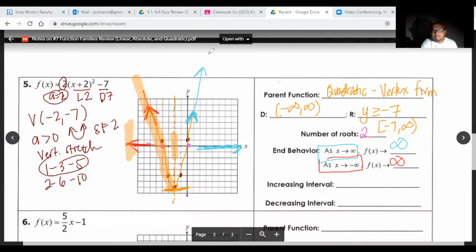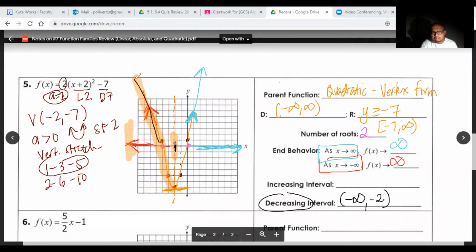So it is decreasing from negative infinity to the x value of your vertex, which is -2, parentheses. Oh, that's the decreasing, so it has to go under. My bad. This should be negative infinity to -2 because that's the decreasing portion.